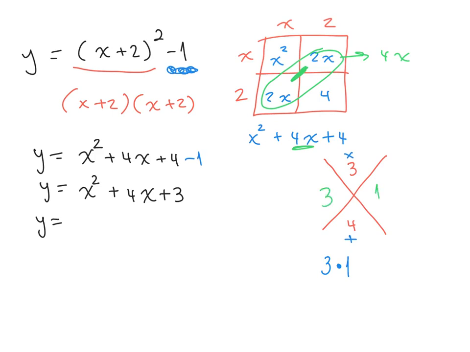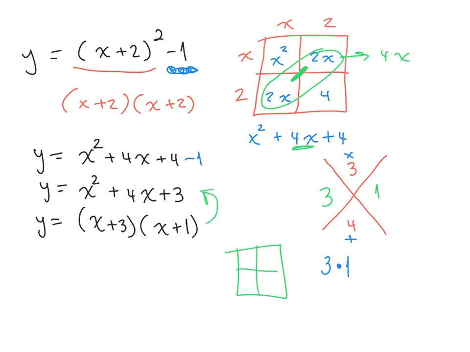So those two numbers are part of our binomial. So our first binomial is x plus 3, and then we have x plus 1. So if you take these two binomials and you multiply them out, remember if you use the area model, you're going to get back to this trinomial, and that's how you can check your answer.